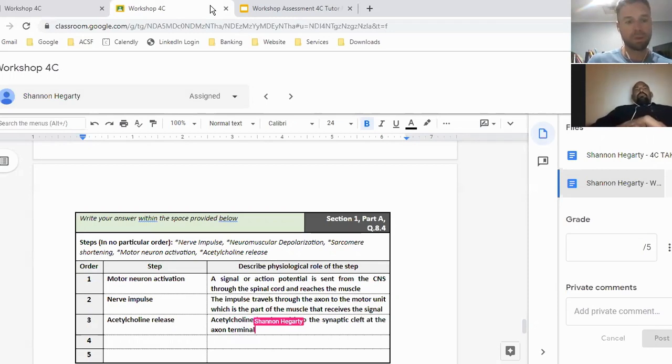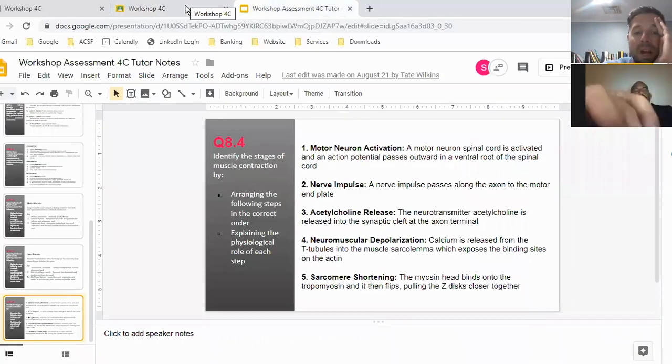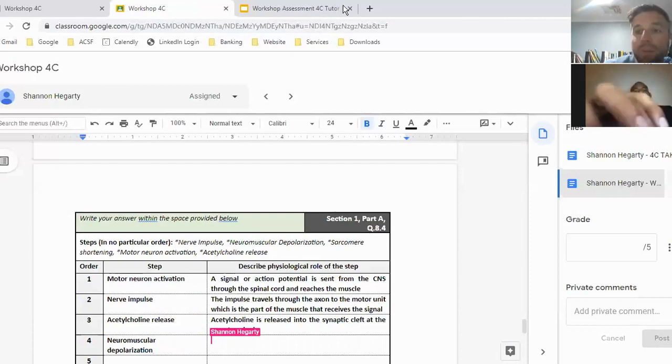Okay. Good. Then the next one would be depolarization. Neuromuscular depolarization would be the next one. And then I would write calcium is released. Calcium is a very important part of nerve transmission.